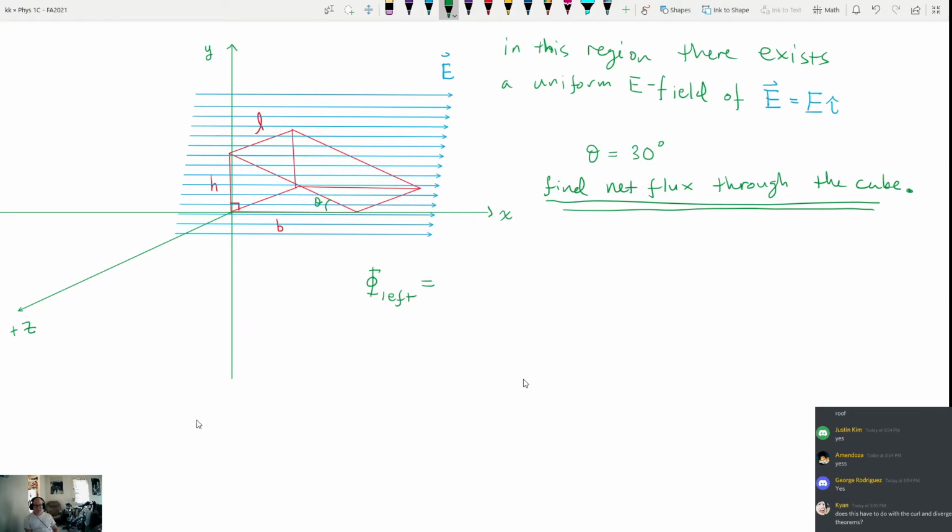Okay, some things I have not told you yet. First thing I haven't told you yet is how to draw the area vector. How do you draw the direction of the area vector? And the answer is, this always points out away from the surface.